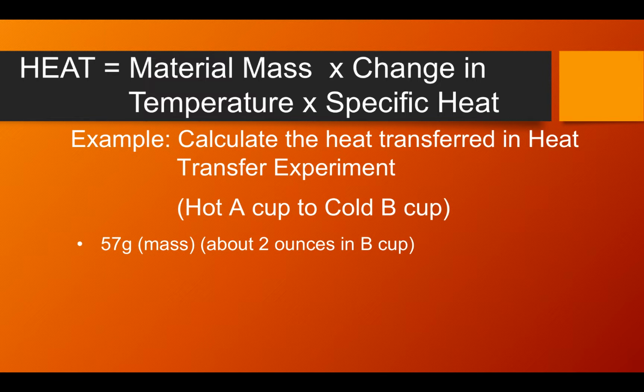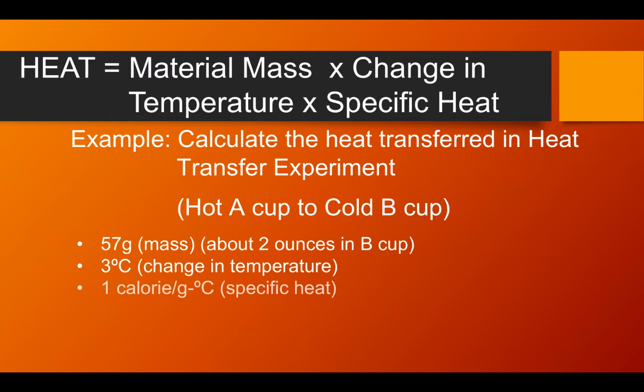That's about 57 grams. It went through about a 3 degrees Celsius change in temperature during the 5-6 minutes of the experiment. And specific heat of water is 1 calorie per gram degree Celsius. This is a constant for water.